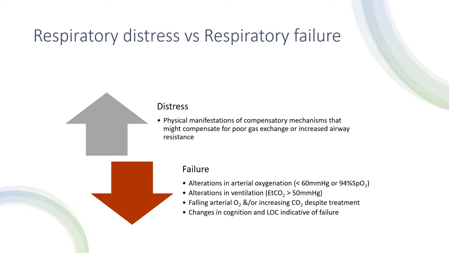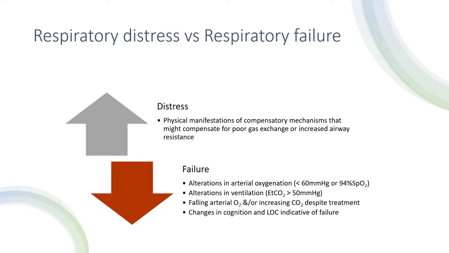Now, often these compensatory mechanisms will be able to maintain oxygenation and ventilation values within the normal range. However, in the presence of more severe pathology, it's definitely possible that the compensatory mechanisms won't be sufficient to be able to maintain these values. And if they do fail, the outcome is going to include respiratory failure.